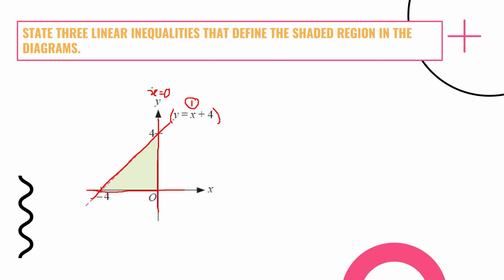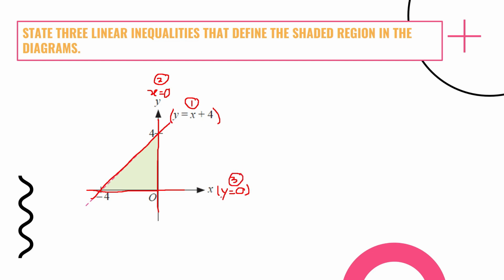This is our second equation. Our third equation is the one parallel to the x-axis and lying on the x-axis, so the equation of the x-axis is y equal to 0. This is our third equation.